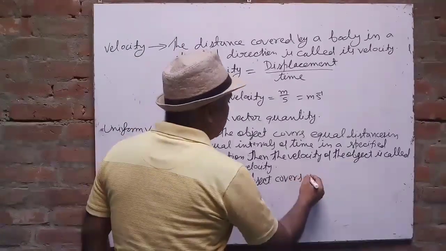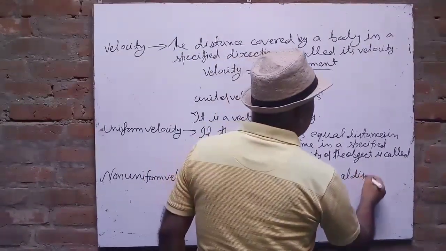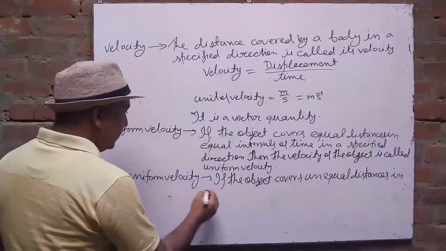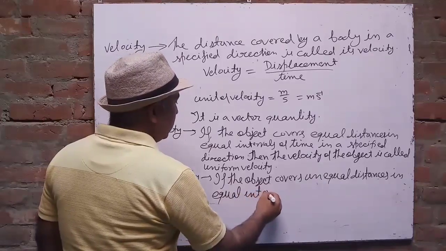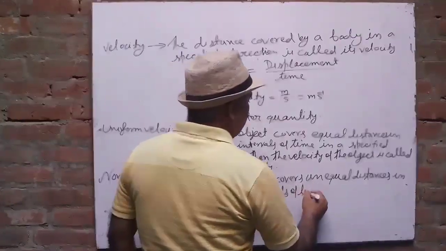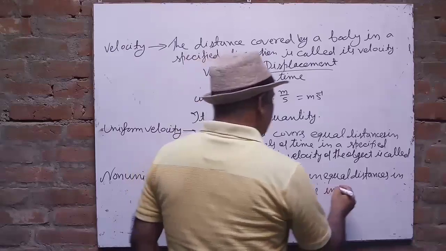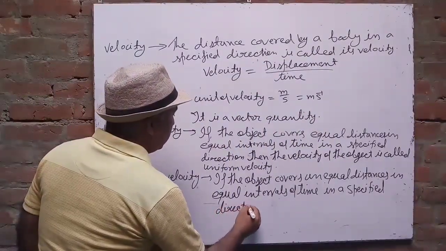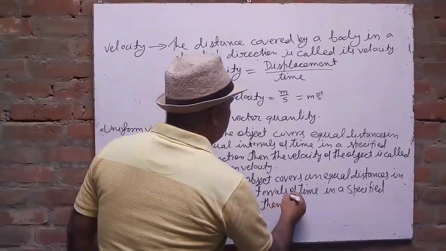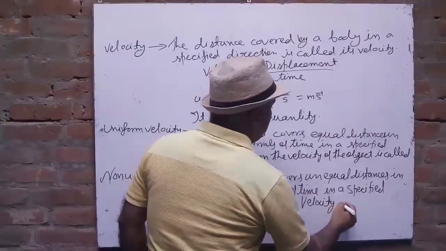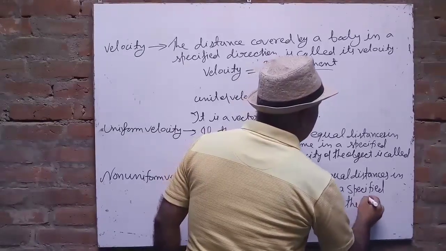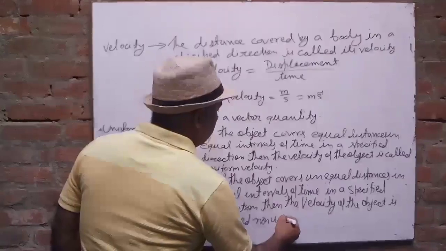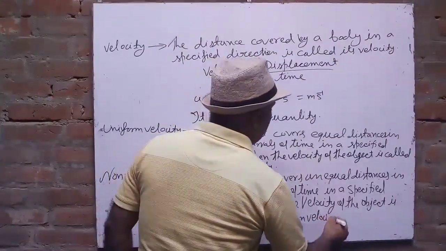If the object covers unequal distances in equal intervals of time in a specified direction, then the velocity of the object is called non-uniform velocity.